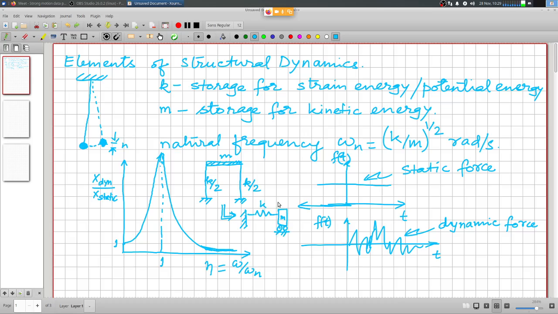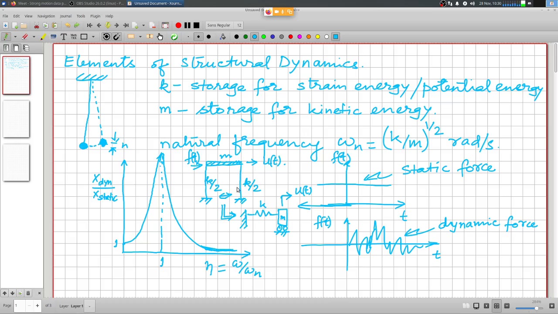So this is constrained to move in this direction: lateral vibration under the influence of lateral force. Force is acting on the mass, so it is constrained to move only horizontally, and that imposes the demand or forces on the lateral columns.